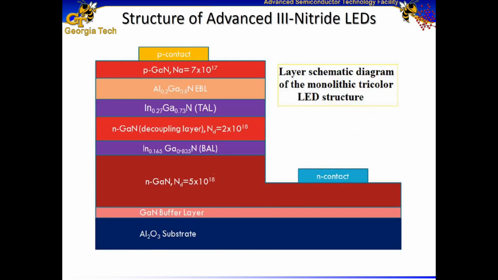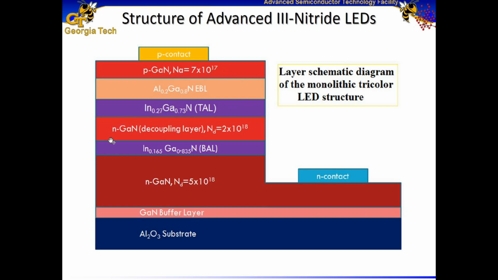And then we can work on more advanced structures as well. For example, here is an example of a gallium nitride based light emitting diode structure, in which we have an n-type layer at the bottom, which is grown on top of a sapphire substrate, and then at the top we have a p-type gallium nitride layer having a certain hole concentration.